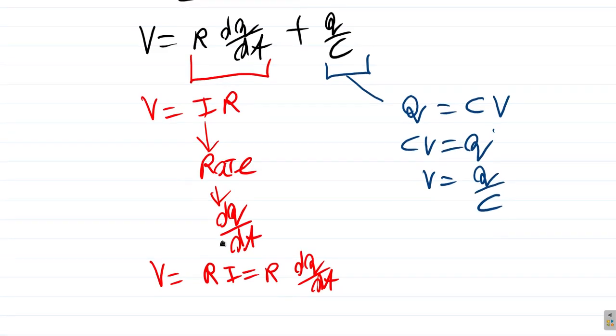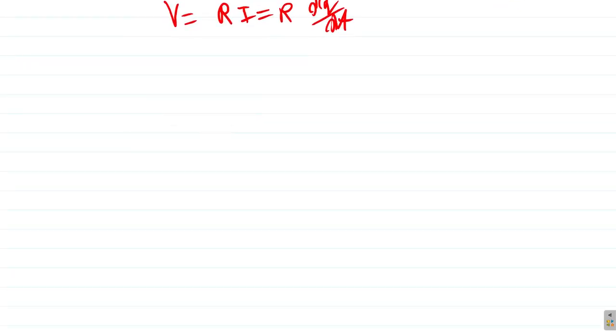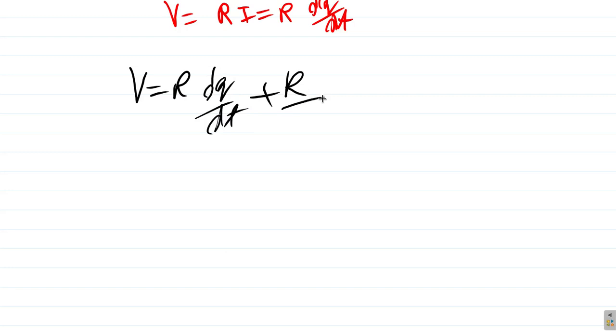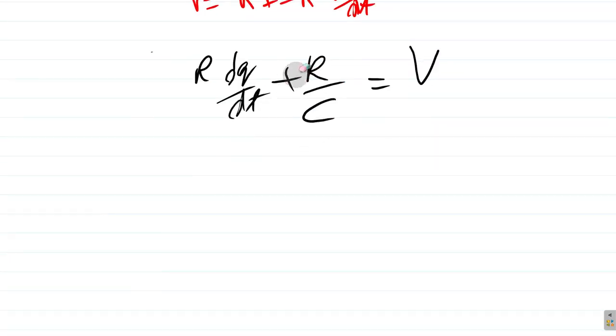V is equal to R dq by dt plus Q over C. Let's rewrite it as it was presented originally, is equal to V. Why am I saying R over C? It's Q over C. This is Q divided by C.